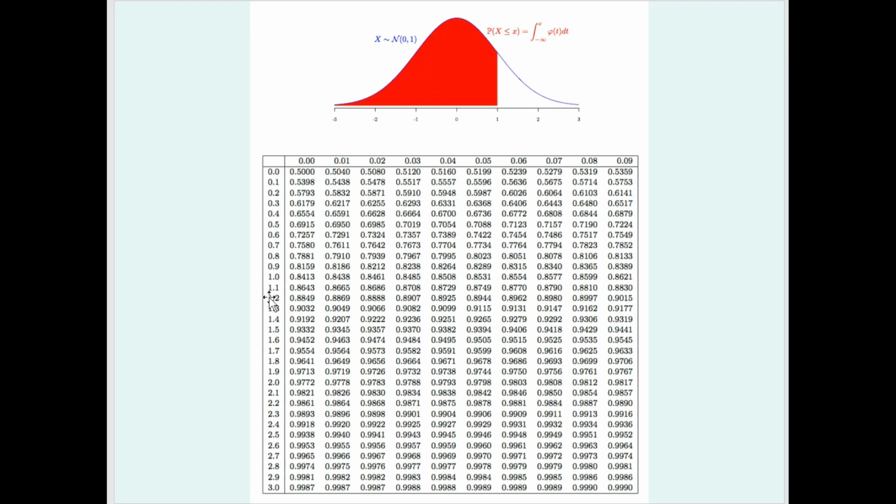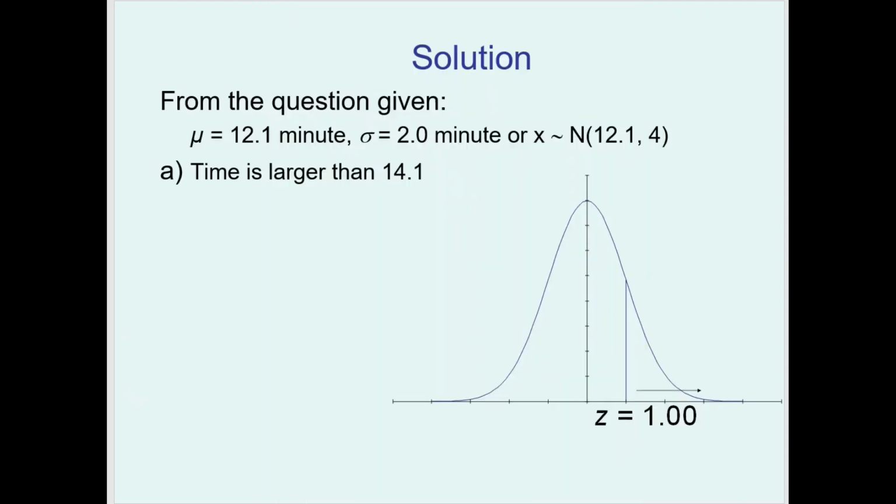But for this question, the probability of z is more than 1.1, so it is 1 minus 0.8643. You should calculate that, then only you can get your answer.